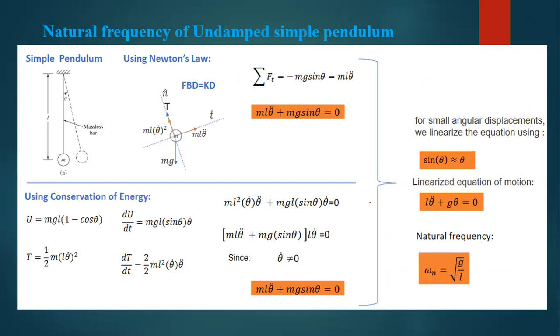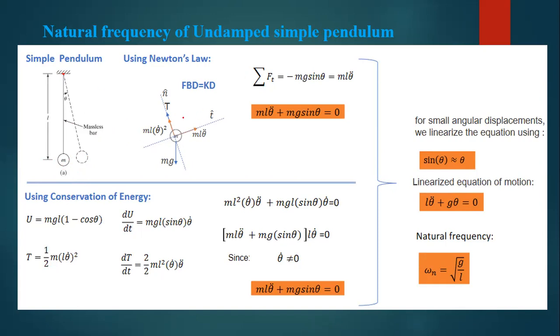Okay, let's see the natural frequency of a simple pendulum. Applying Newton's law for this free body diagram, we consider a massless bar or cord, frictionless at the attachment, and this mass is vibrating and obeys conservation of energy, that is, energy at one point equals energy at a second point.